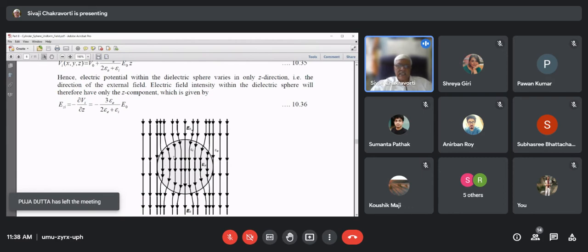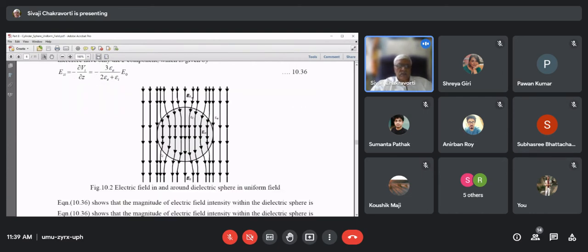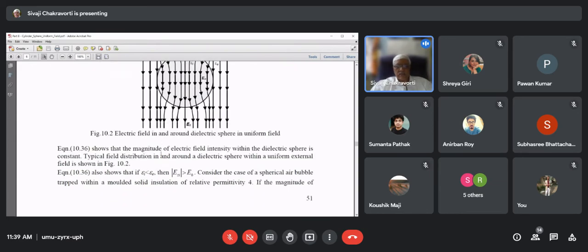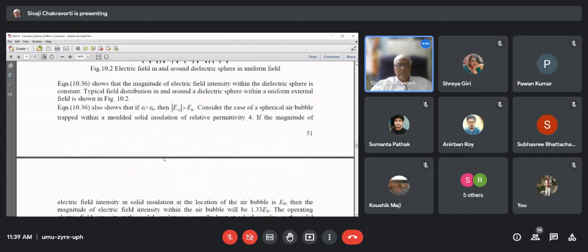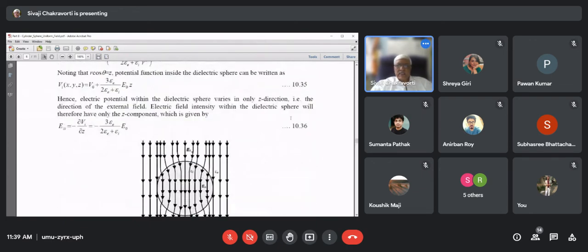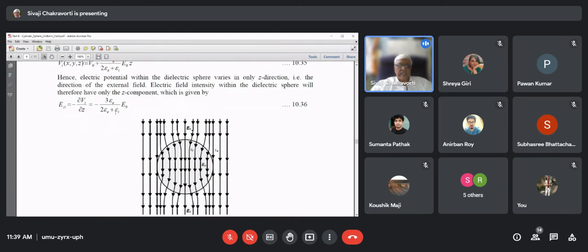And then if you look at 10.36, you can clearly see that if you take the external dielectric as transformer oil, let's say 2.1, internal dielectric as gas, it is 1. So you can see that the equation becomes 3 into 2.1, then it is 2 into 2.1 plus 1. So you can clearly see that inside the dielectric sphere, that is the gas bubble, the field is higher than the external field.